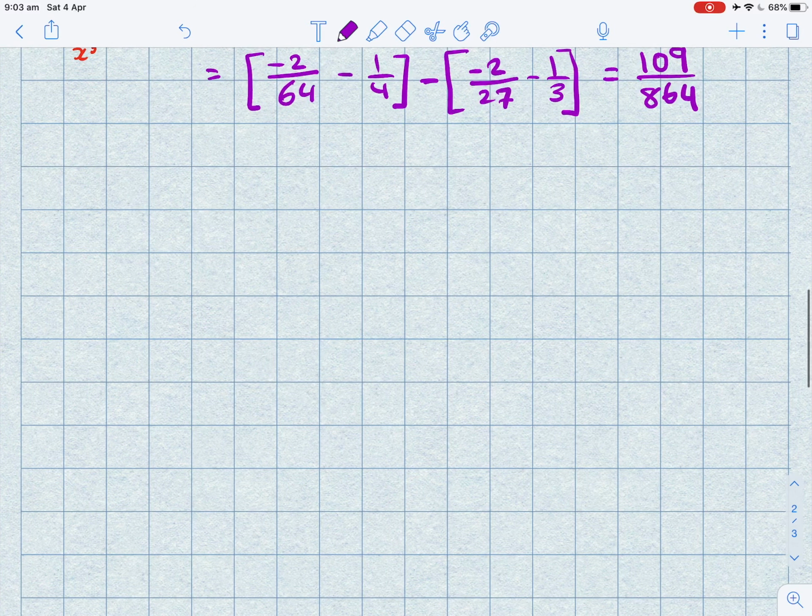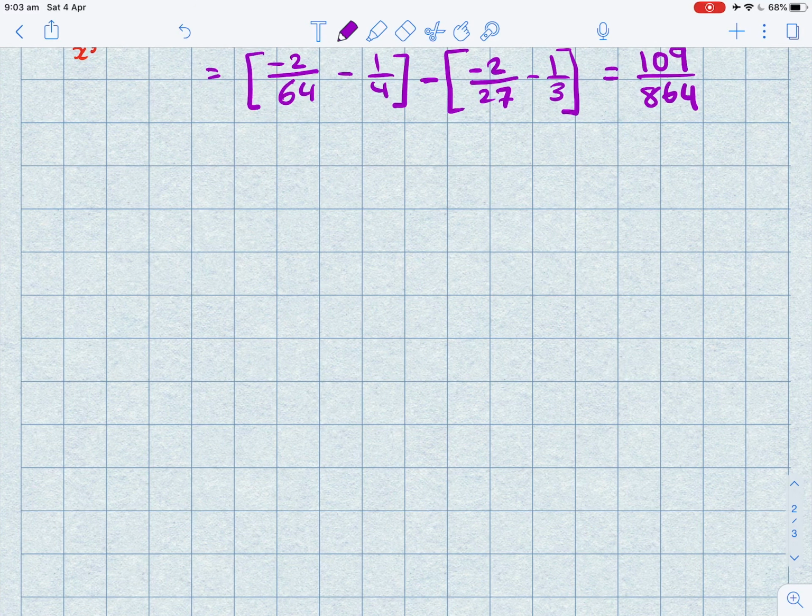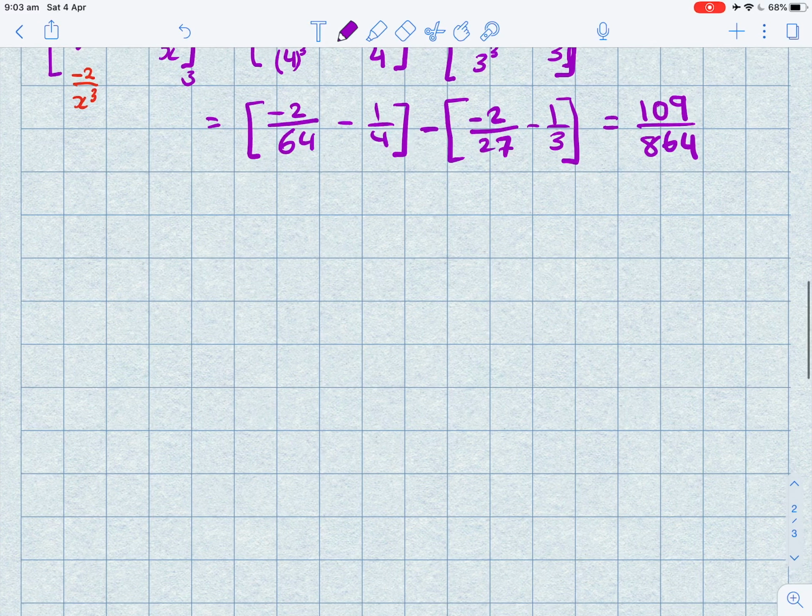Okay, question E, question 1E. It's the integral from 1 to 2 of x squared plus 1 over x squared dx.